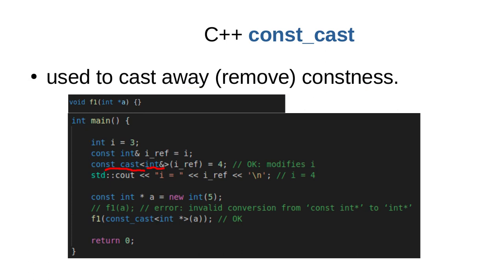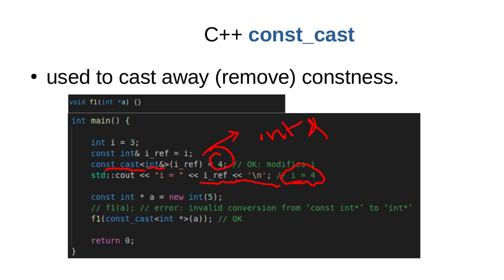In this case I remove the const from I reference, and so this will return an int reference, so that I can access the value and assign a new value to it, for example 4. After that, if I check the value of I, it will be 4.